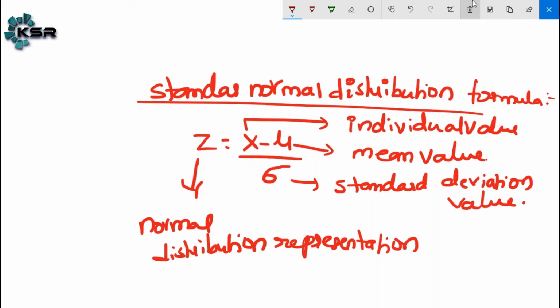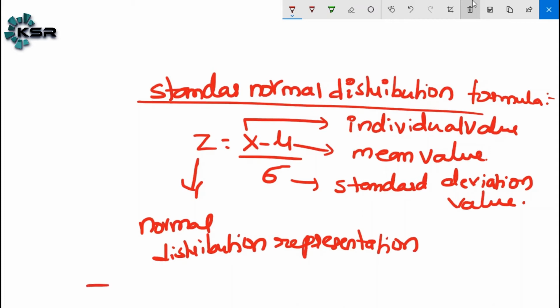Z is equal to x minus mu by sigma. The ideal range of normal distribution should be, no, it is the continuous data normal distribution. What is the ideal range of continuous data? Minus infinity to plus infinity.